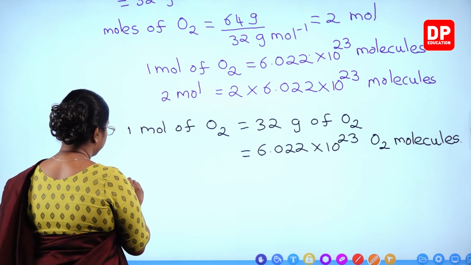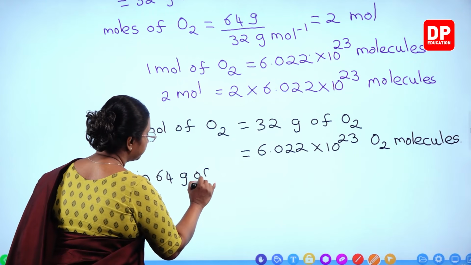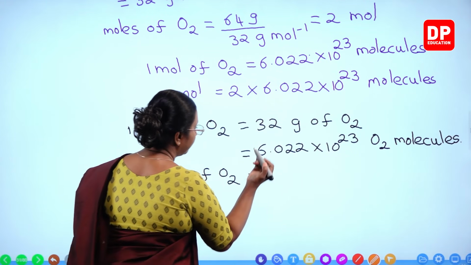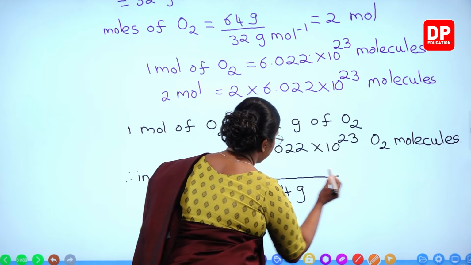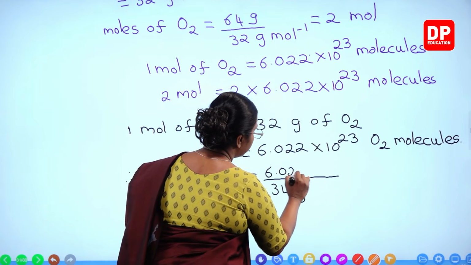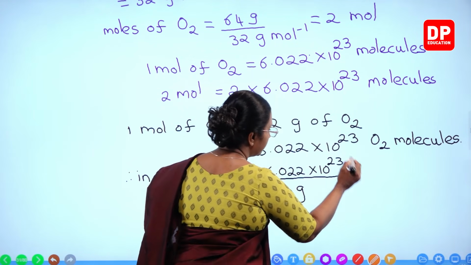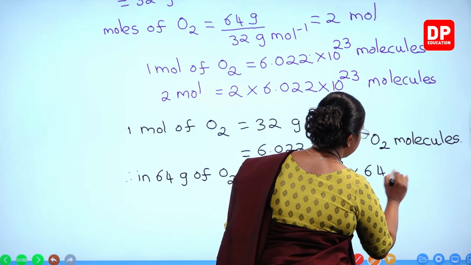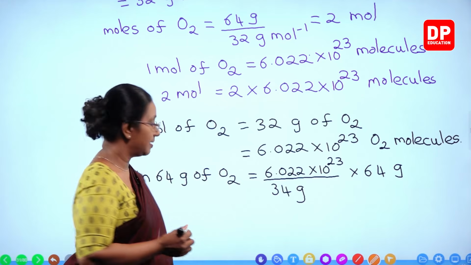So therefore, in 32 grams of O2, there are 6.022 into 10 to the power of 23 molecules. Therefore, in 64 grams, like this also you can write and simplify.